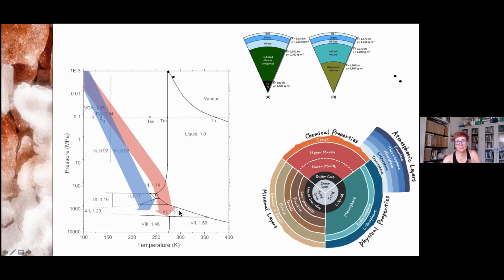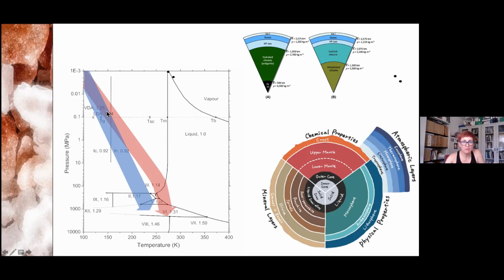So planetologists are very interested to know how aqueous liquids and solids evolve, depending on the thermal and pressure gradients. For example, here you can see different gradients for Ganymede. In blue, you have a cold gradient, and in pink, you have a warmer gradient.